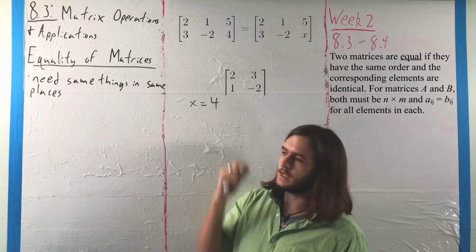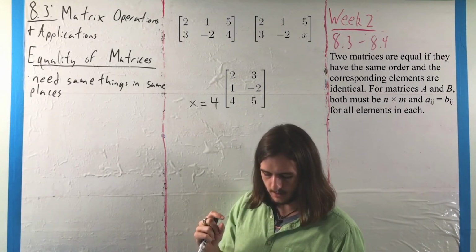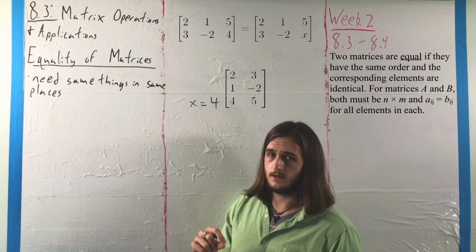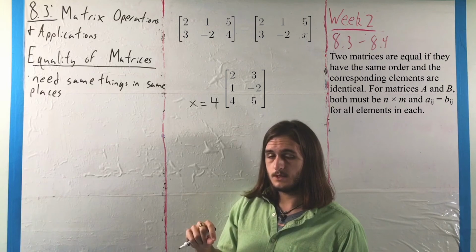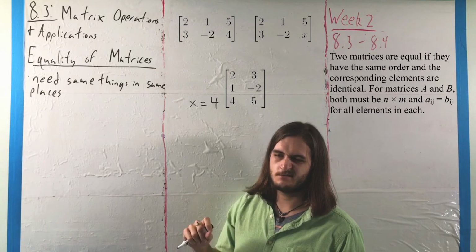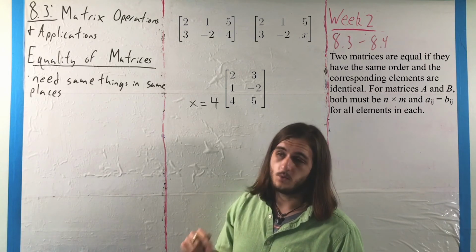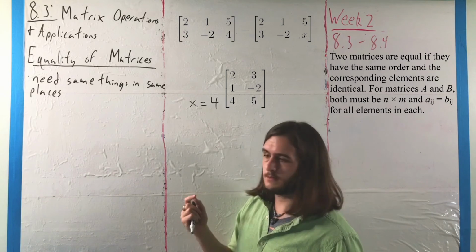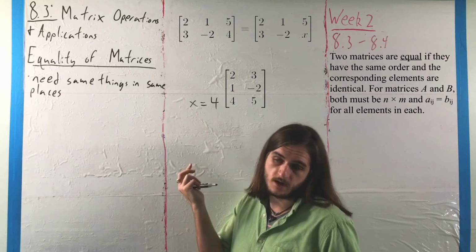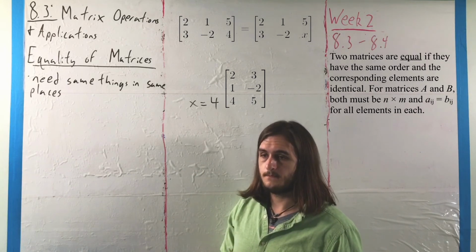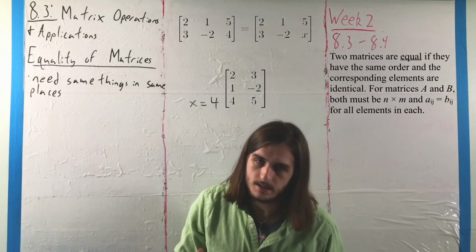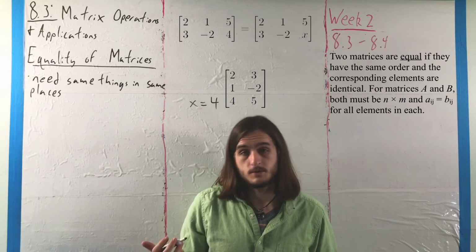For example, if we were to take that one on the left and just seemingly spin it a little bit to make a 3-row, 2-column matrix, a 3 by 2 matrix, even though it has all the same elements and the positions feel similar, we can't say that the one we have over here is equal to the one we have over there, or the other one that we were originally questioning, because we can't have the exact same places to make those comparisons, even though all of the numbers are the same.